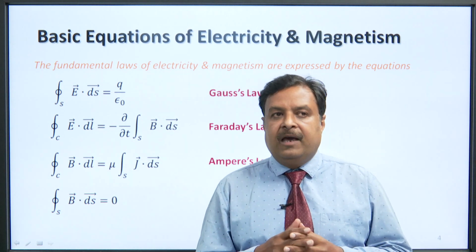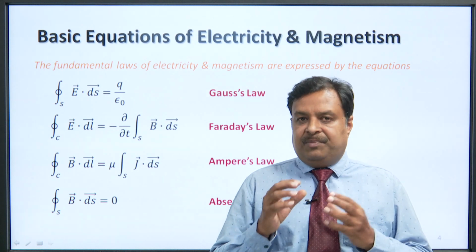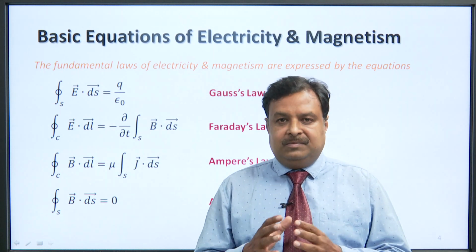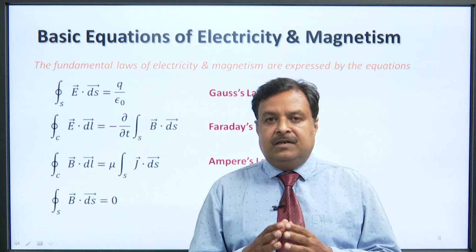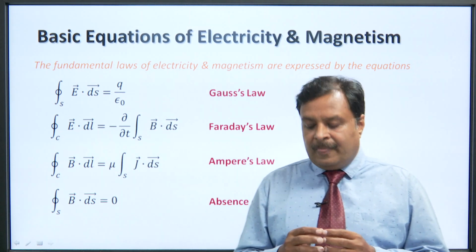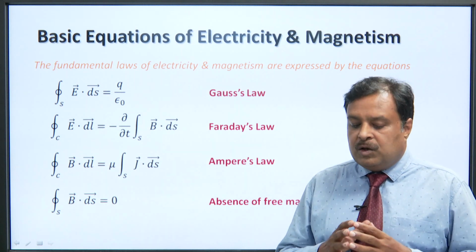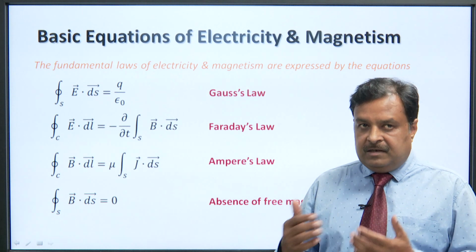It means in a magnet you cannot separate north pole and south pole. You cannot have magnetic monopoles. So, we will understand these equations and these laws in detail in the coming slides.